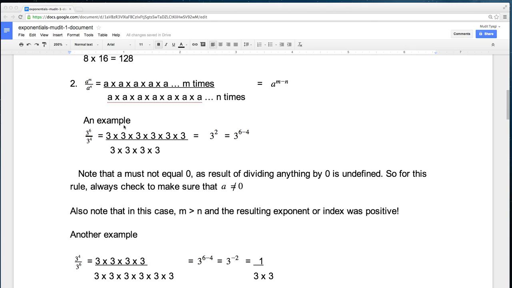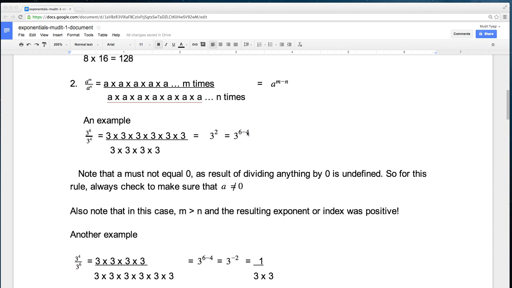And as you stare at this, you can see that 4 of the 6 threes in the numerator will cancel out, and you'll be left with just 2 threes. So your result will be 3 to the power of 2. And you can see that that's equal to 3 to the power of 6 minus 4.